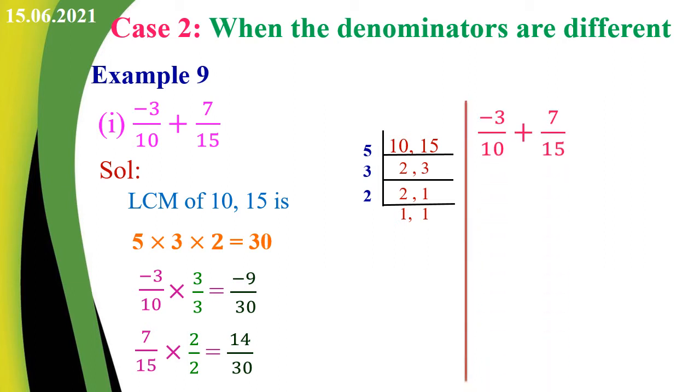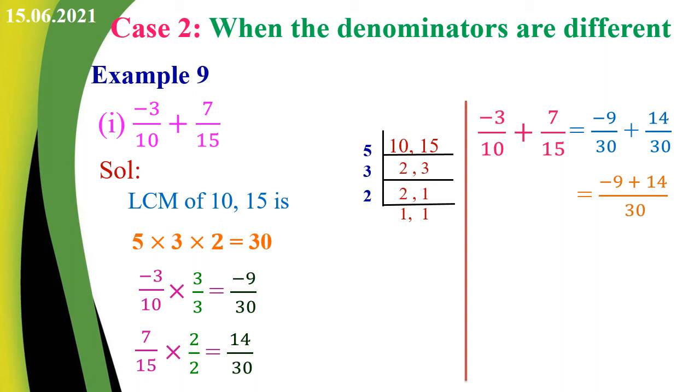Now we can add the values. Minus 3 by 10 plus 7 by 15. Substitute the value. Minus 9 by 30 plus 14 by 30. The second step, we can add the values. Minus 9 plus 14 by, take 30 as common.